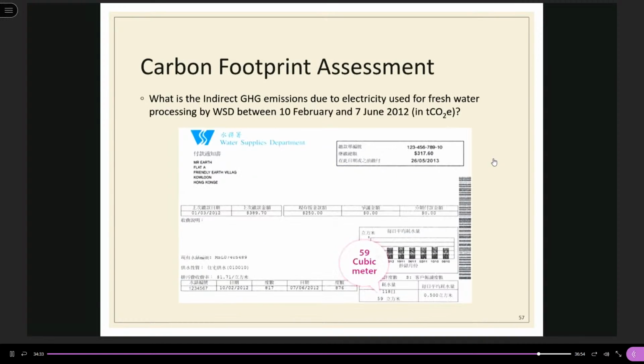And for water consumption, how many cubic meters? 59.